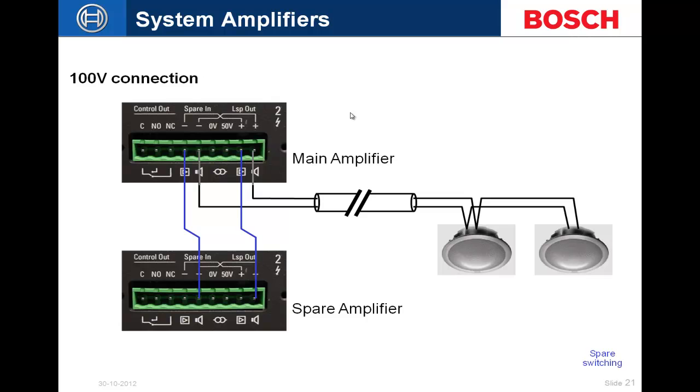Also, at the same time, all of the DSP and delay settings that are in the main amplifier are automatically transferred to the spare amplifier, so when a main amplifier goes down, the end user or the facility essentially does not lose those delay settings or those DSP settings. We want to make it as transparent as possible when an amplifier goes down.